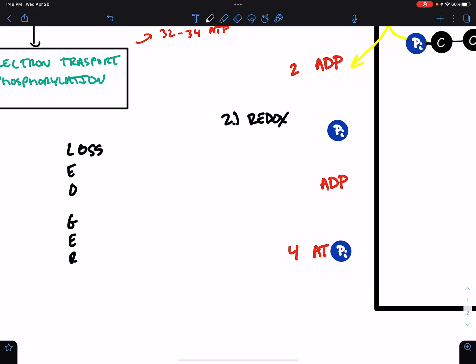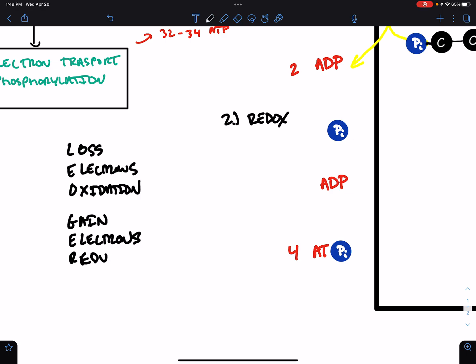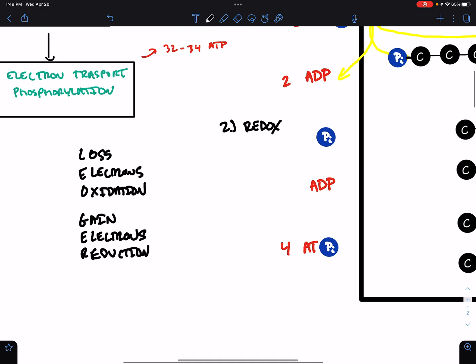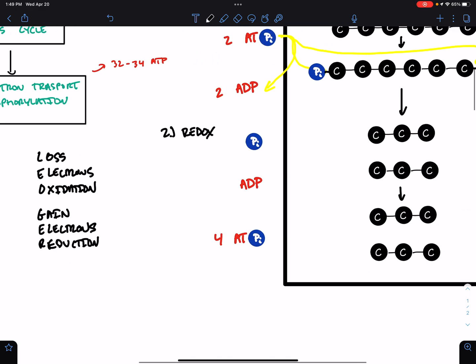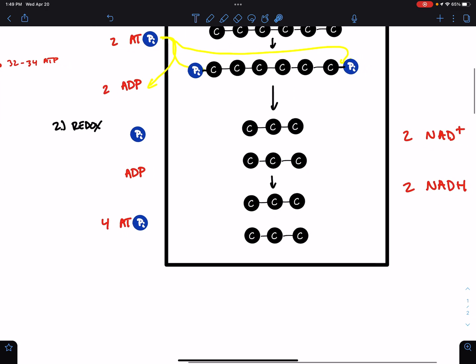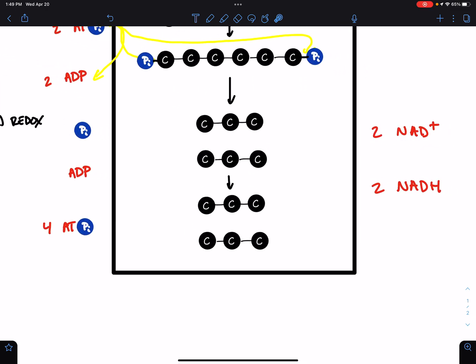The loss of electrons is oxidation, and the gain of electrons is reduction. So whenever we have a reduction-oxidation reaction, something is reduced and something is oxidized. Something loses electrons and something gains those electrons.